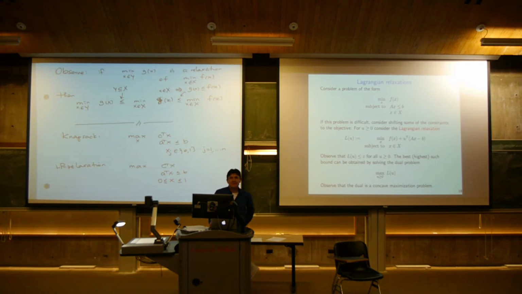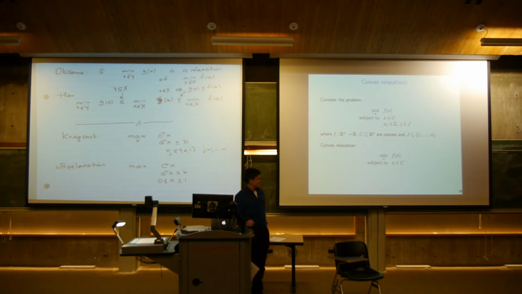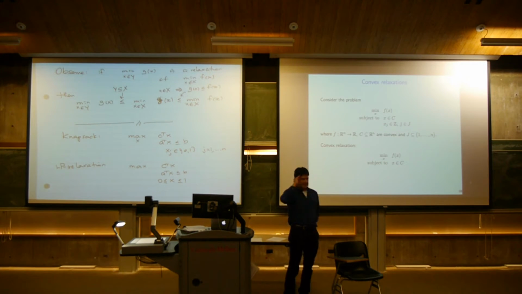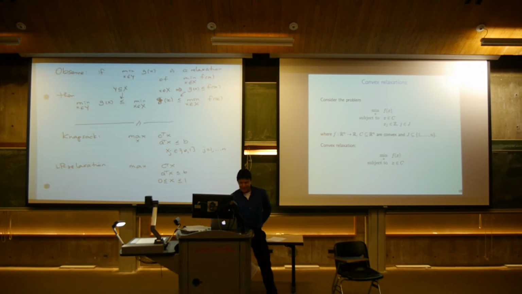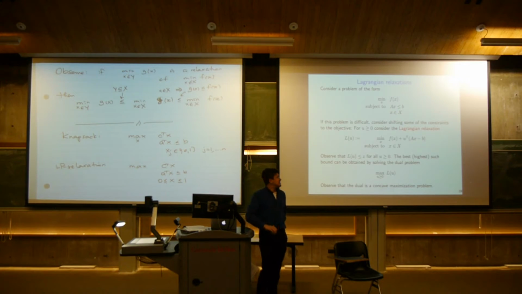Let me mention this business of Lagrangian relaxations, because convex relaxations are very straightforward. It's kind of the first thing that comes to mind. But it turns out that Lagrangian relaxations, this is a somewhat creative way of getting relaxations that sometimes turn out to be very powerful.